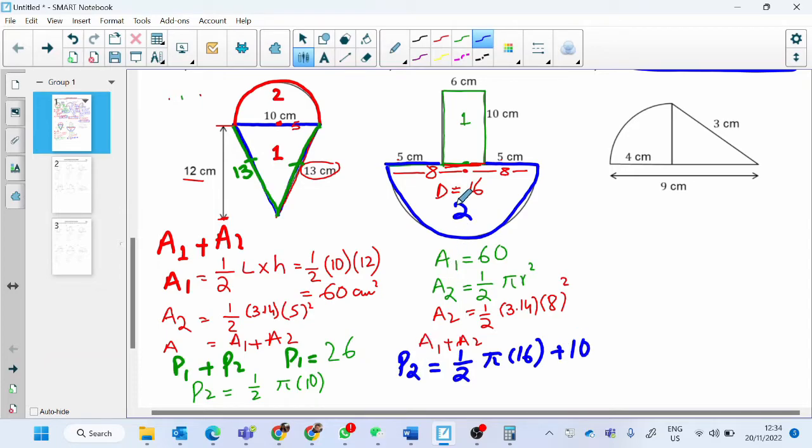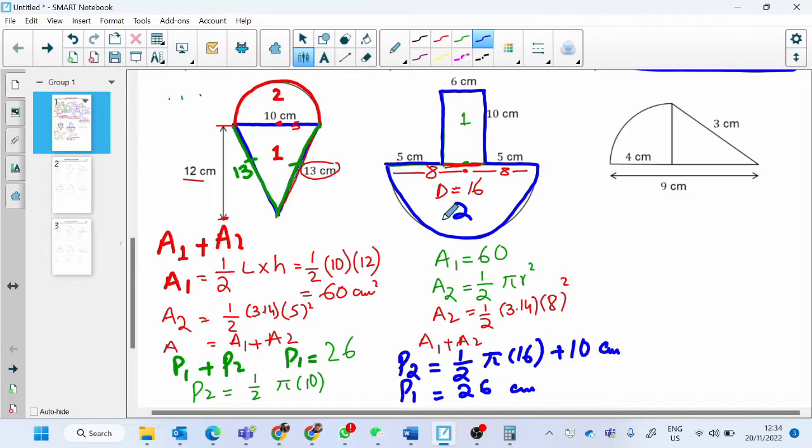This will be the perimeter of the second shape. For the first shape, P1 will be this length 10, this length 10, that is 20, and this length is 6, so it will be 26 centimeters. If we add P1 plus P2, we'll find the second answer as well.